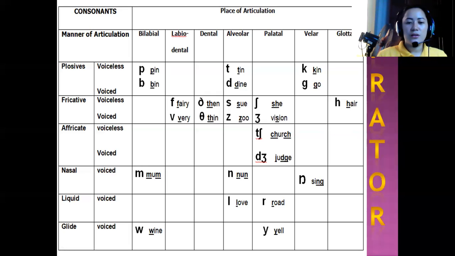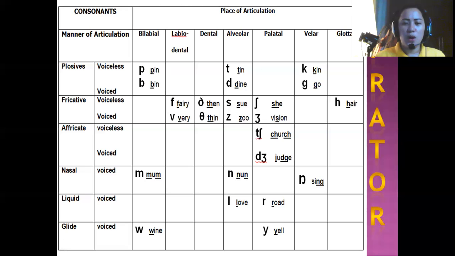So take note of all the places of articulation. You don't need to memorize all this. You just need to execute the sound and feel where the tongue landed, or what articulator was used.